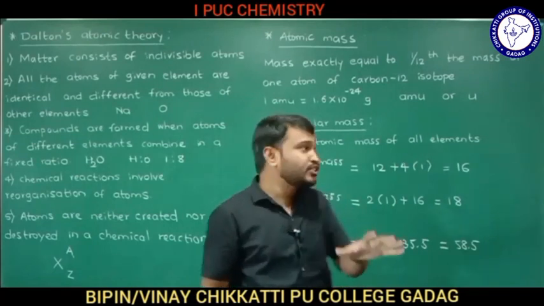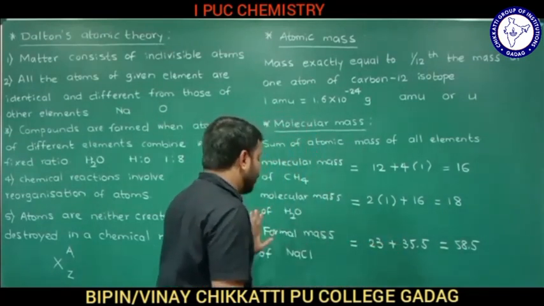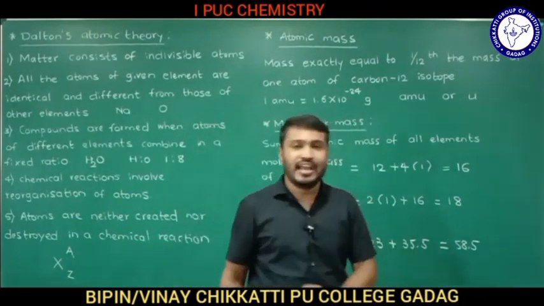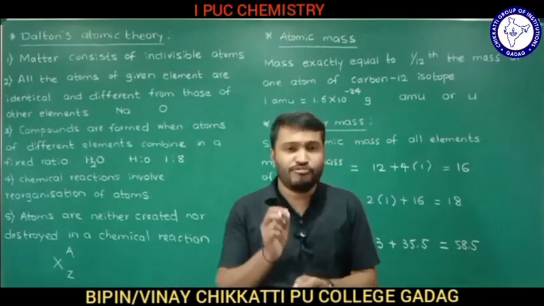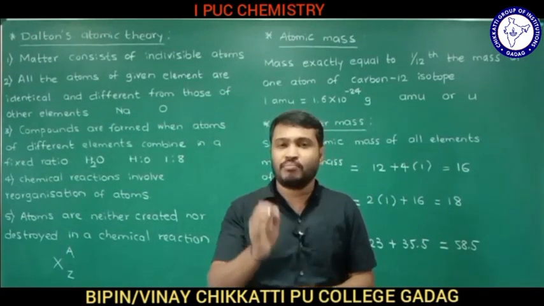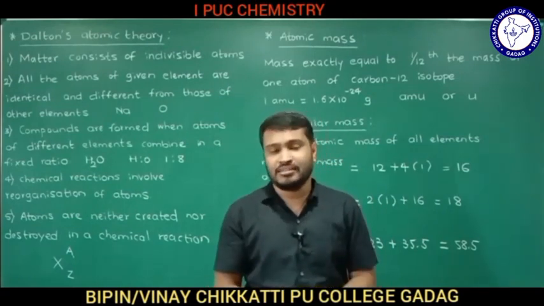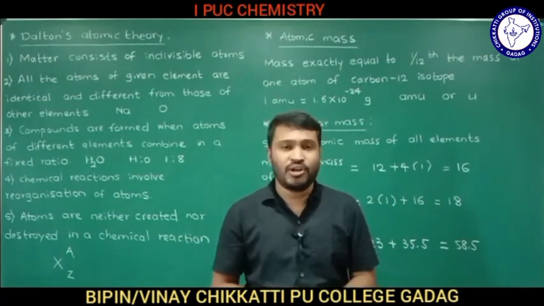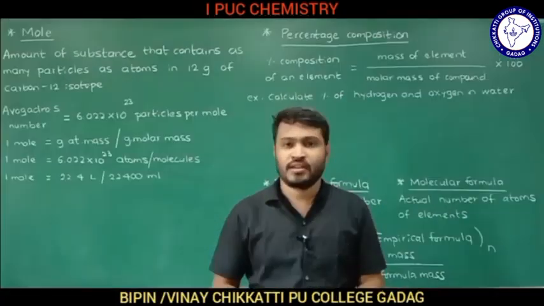Because of that, instead of molecular mass, we are going to use formula mass of NaCl, and that will be 58.5. This is how we calculate the atomic mass of atoms and molecular mass of molecules.